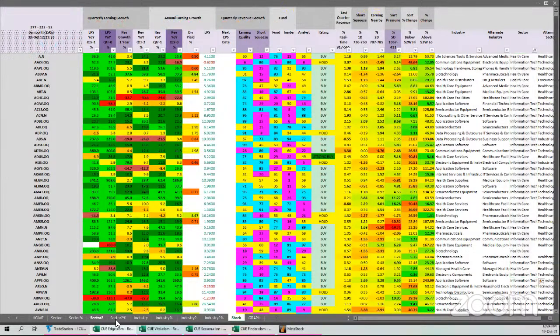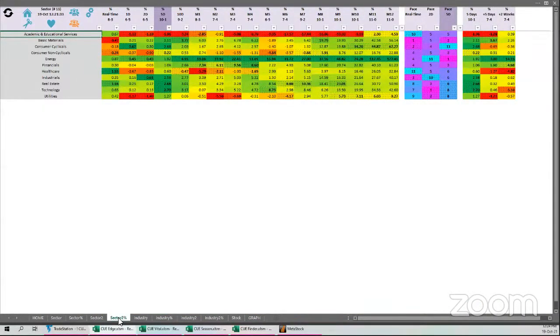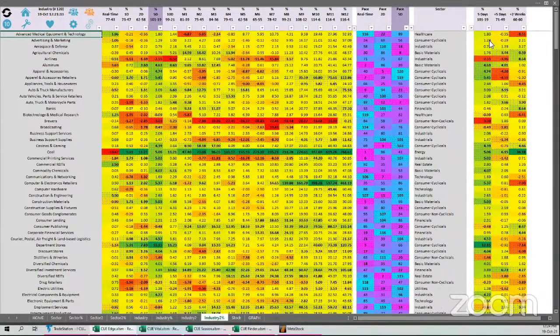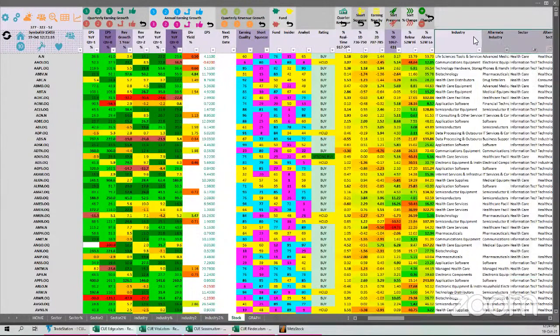So sector 2, nothing selected. Alternate sector percentage, not selected. Alternate industry percentage also not selected. Stocks are selected because stocks have both industry, alternate industry, sector, and alternate sector information.